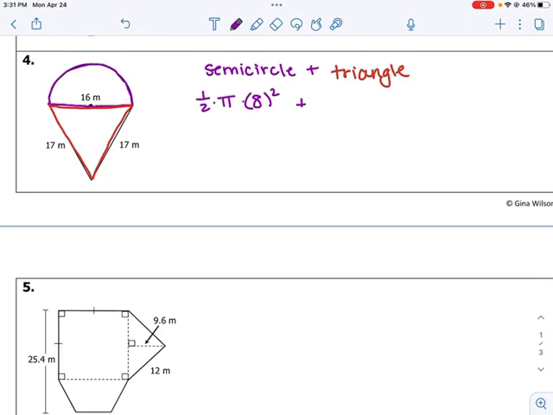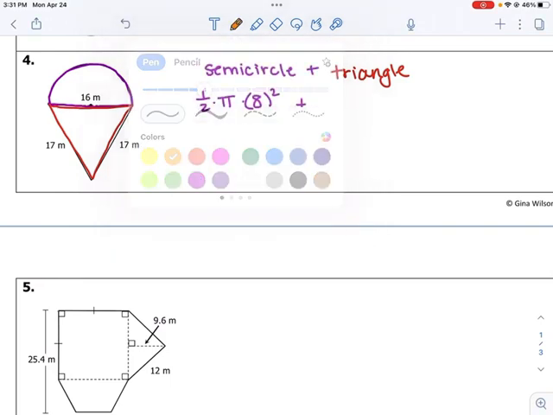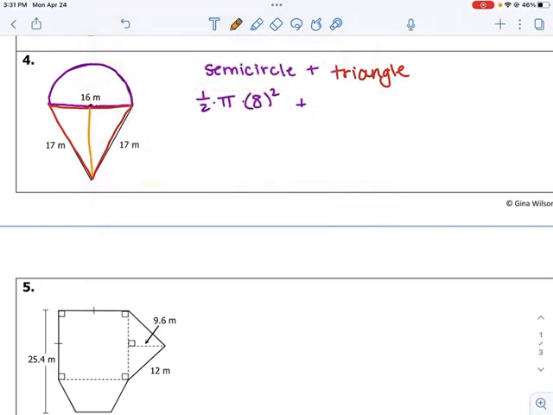Now, unfortunately for our triangle, we don't have the height of it. Okay, we have the base. We know the base is 16, but we don't have the height of it. So what we're going to have to do is create a right triangle where we know that this side is 8. We know our hypotenuse is 17, and we need to figure out the height.